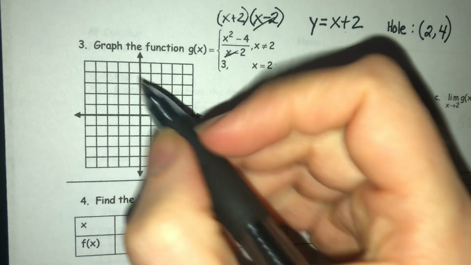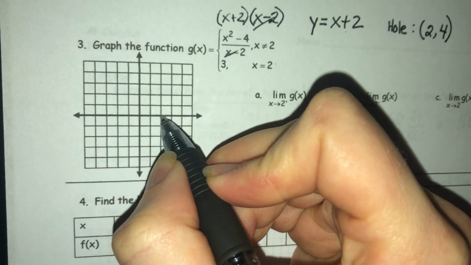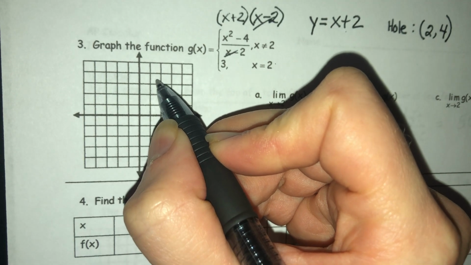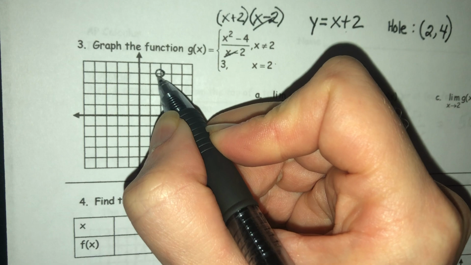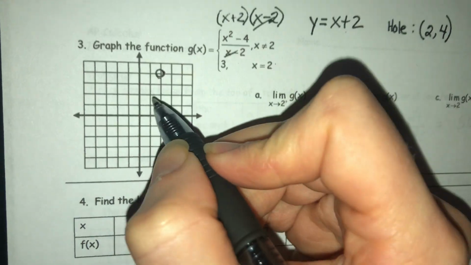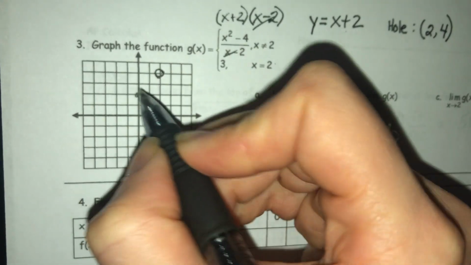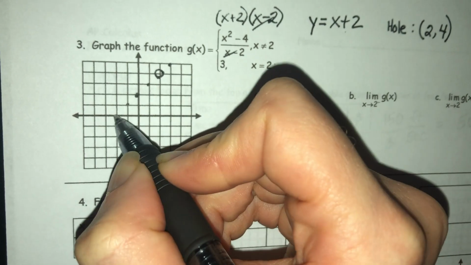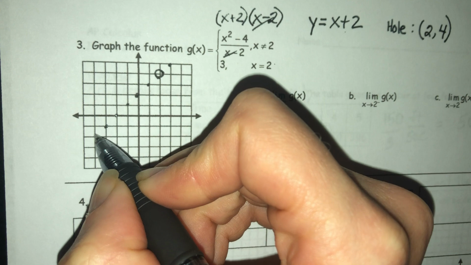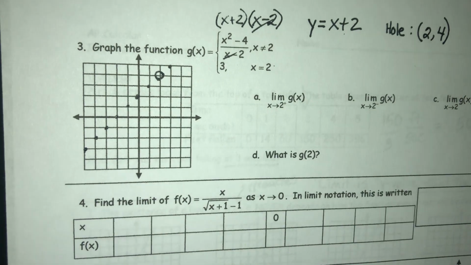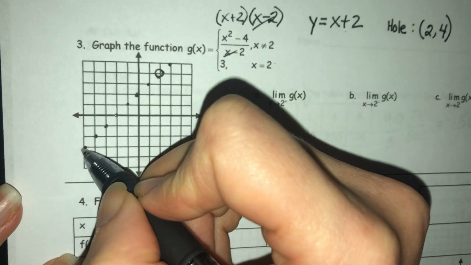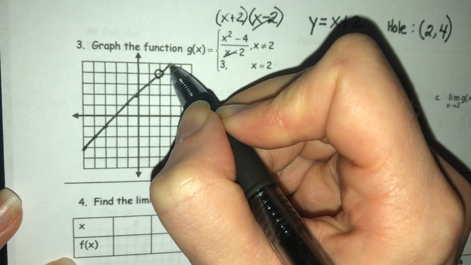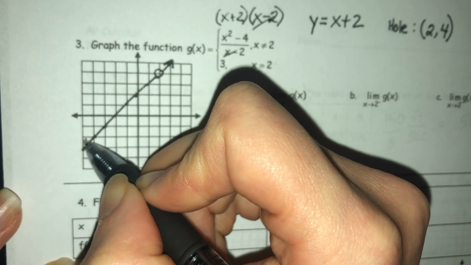So my hole or my point of discontinuity is at 2, 4, right here, open circle. My y-intercept is at 2, my slope is rise 1, run 1, so there's my little line, and it does go on forever, so I'm going to put arrows on the ends.